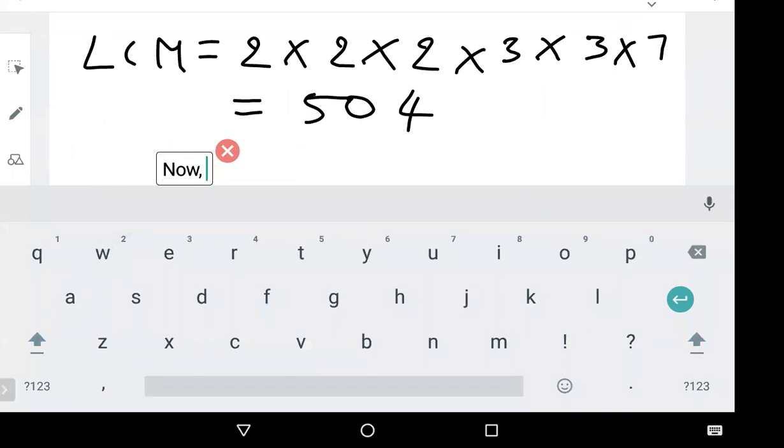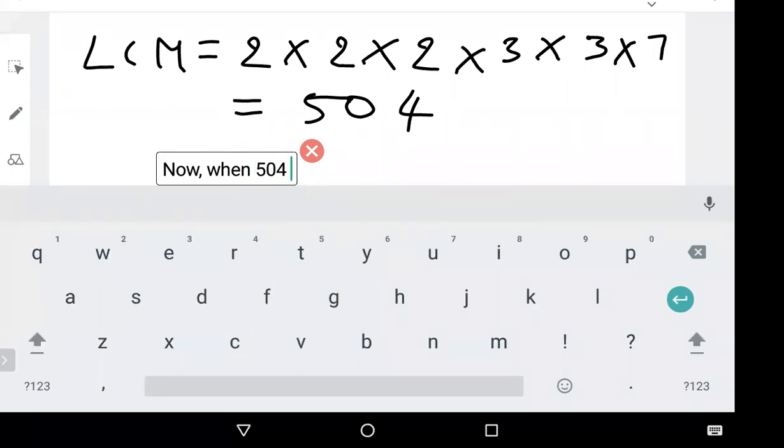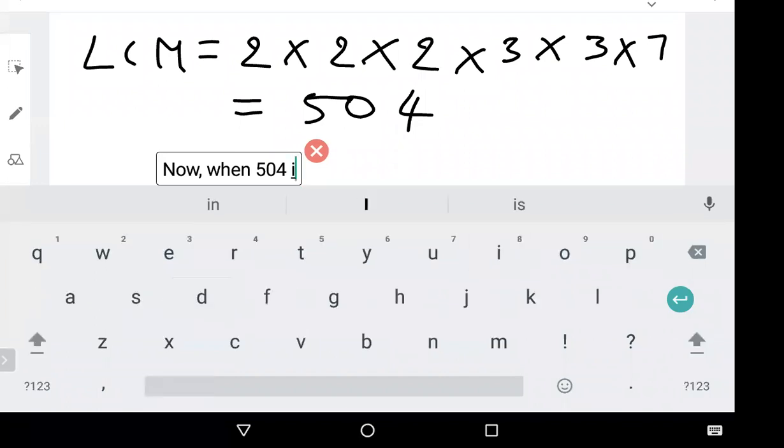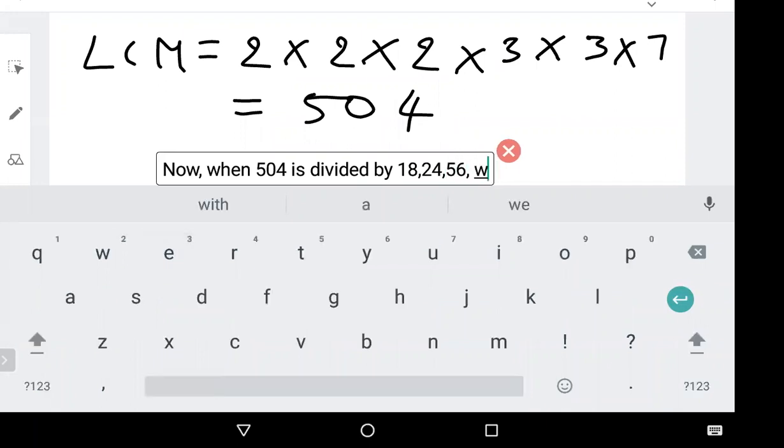When 504 is divided by 18, 24 and 56, we get no remainder.